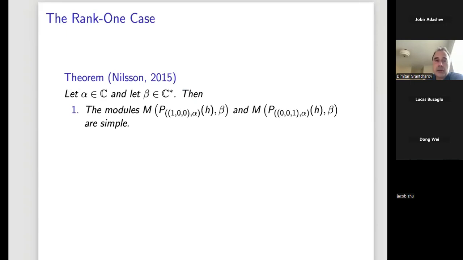Now, the first work on the subject is by Nielsen, who classifies all rank 1 U(sl_3) modules, and he classifies which ones are simple. So again, we know that all modules are of this type, but let's see what the simple ones are. First of all, rank 1 means that the sum of these is 1, like 2 zeros, 1, 1. And if we have degree 0 or degree 2, then the modules are always simple.